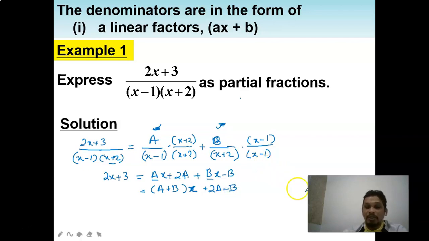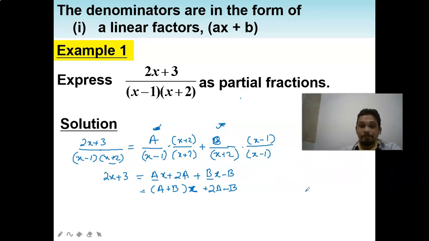From here we compare the coefficient of x, a plus b, with the coefficient of x, which is 2. So a plus b equals 2, and the constant, 2a minus b, with 3. 2a minus b equals 3.